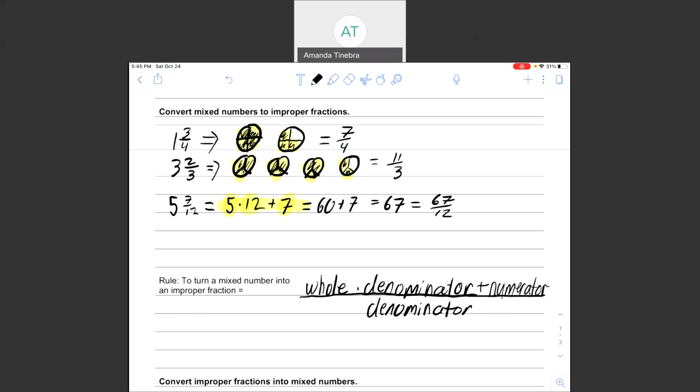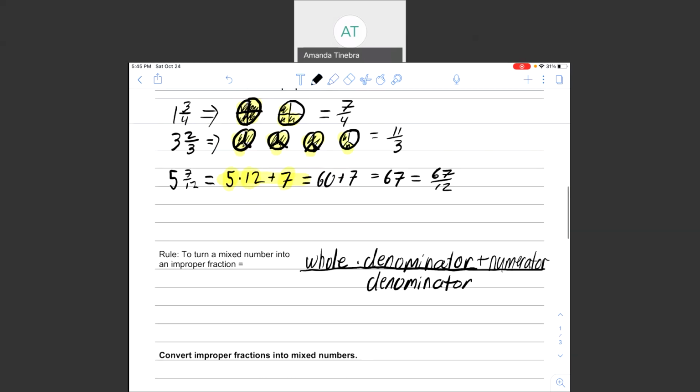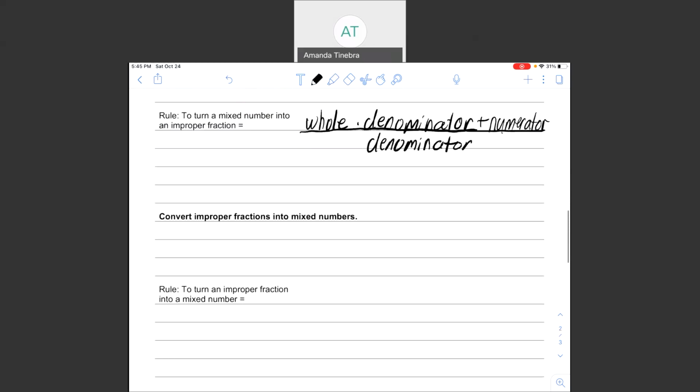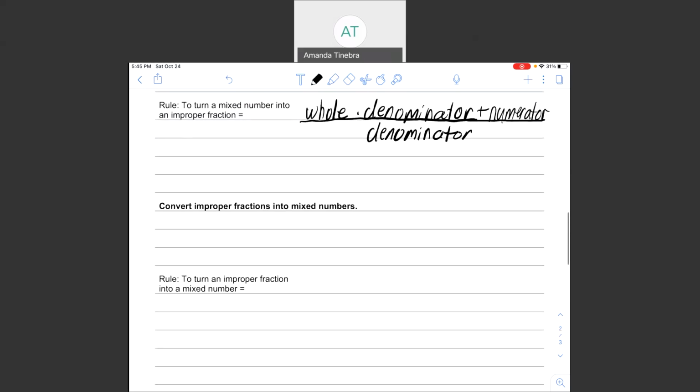Okay? So to show you how this works with an actual example, we're going to look at 6 and 4/5. Okay? So my rule is a whole number times the denominator plus the numerator.